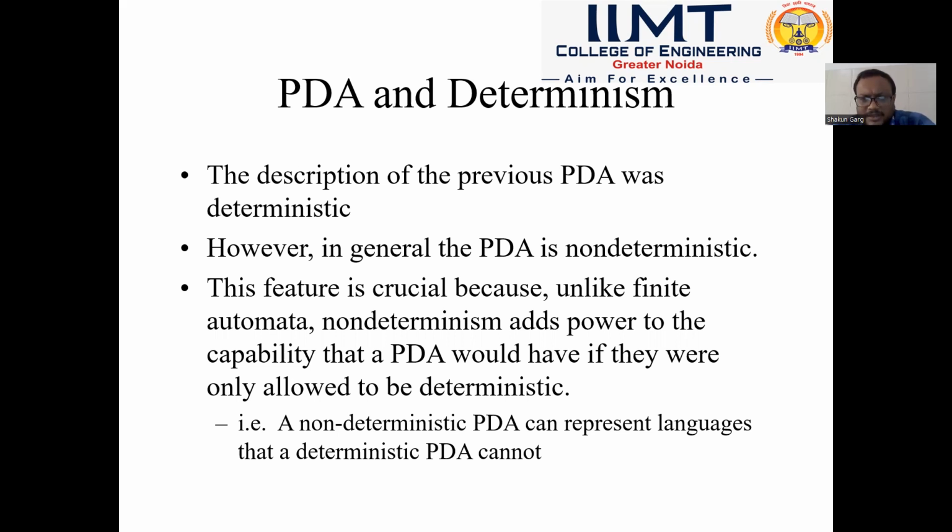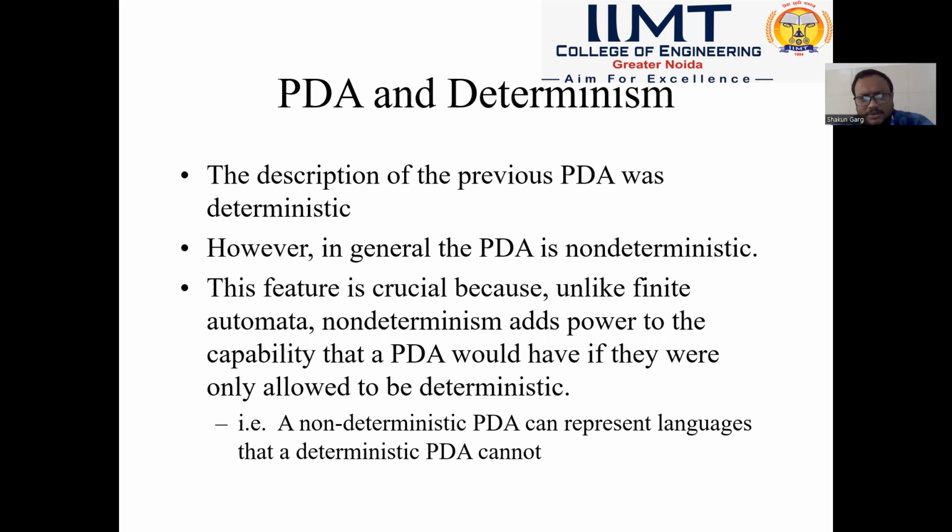As we all know, finite automata are categorized in two ways: deterministic finite automata and non-deterministic finite automata. Non-deterministic finite automata is an extended version of deterministic finite automata. It has more powerful capability in comparison to deterministic finite automata.